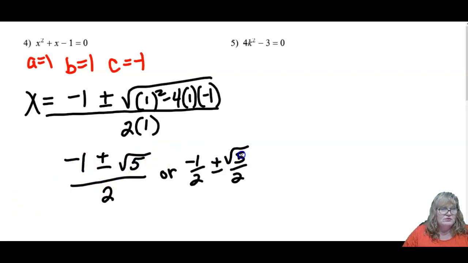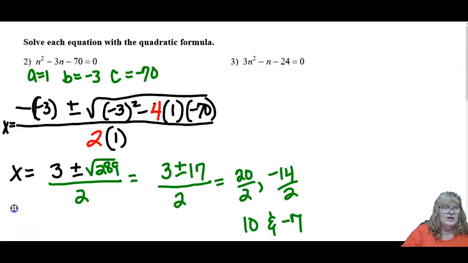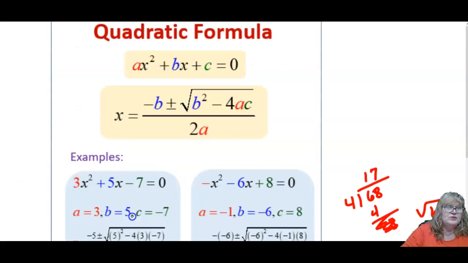One was plus square root of 5 over 2, and one was minus. So two real solutions. And before this one, we had two very nice solutions, but because this was a positive, we ended up with two real solutions. Because it was a perfect square, they were nice rational numbers.